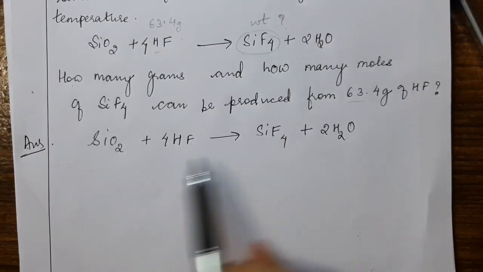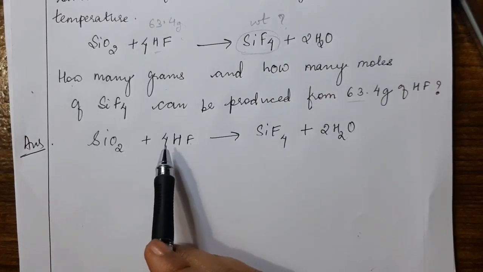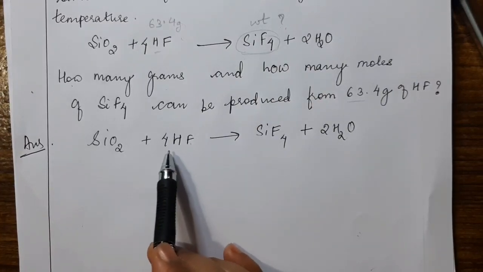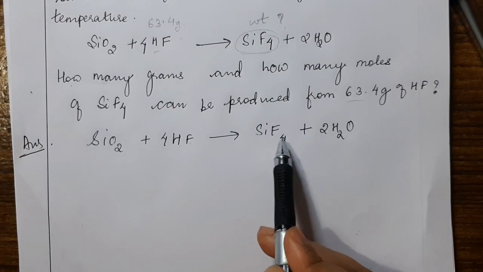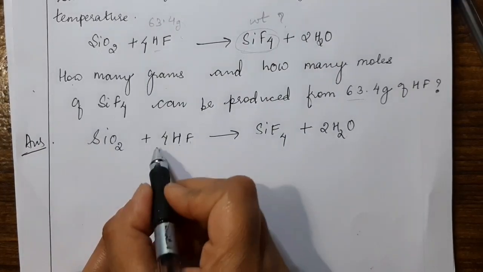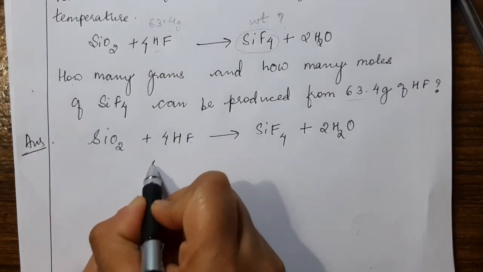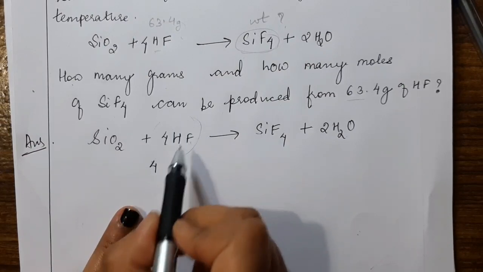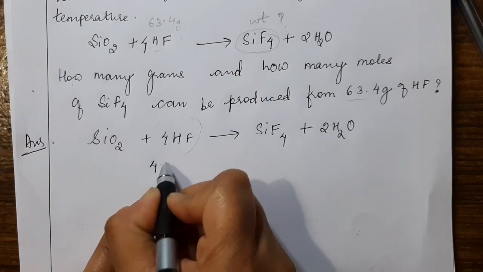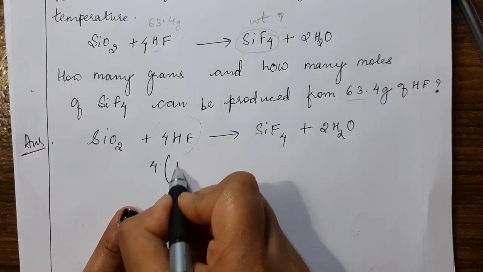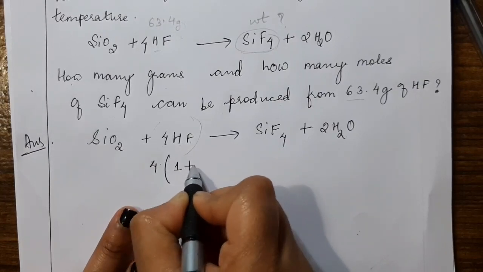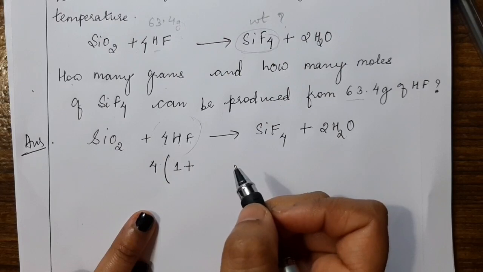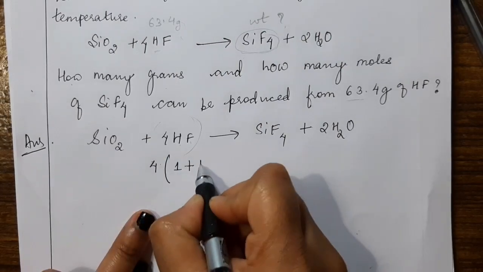So from the equation, you'll find the mass of 4HF and SiF4. From the equation we have 4HF. The molecular mass of hydrogen fluoride is 4 into hydrogen, which is 1, and fluorine's atomic weight is 19.